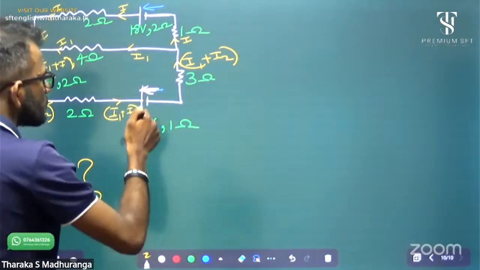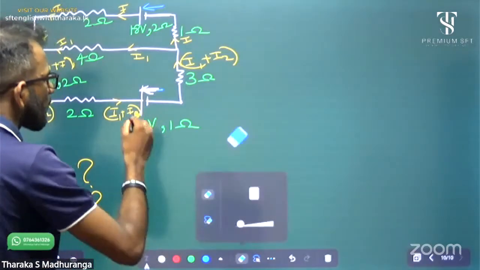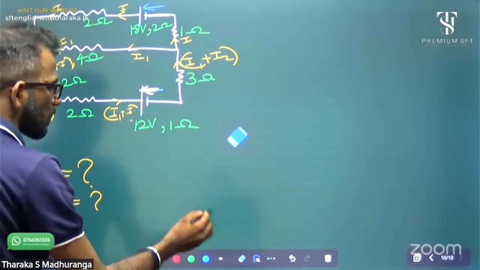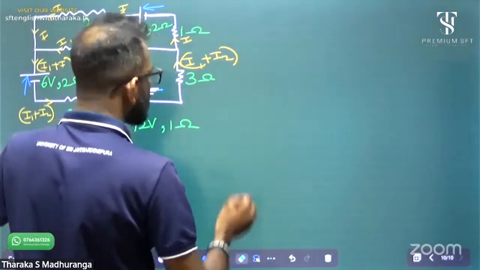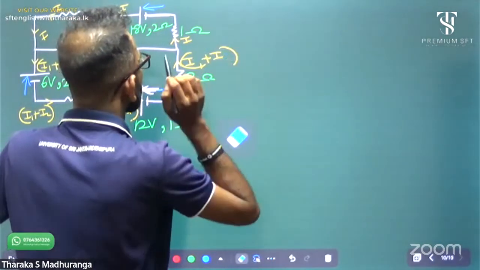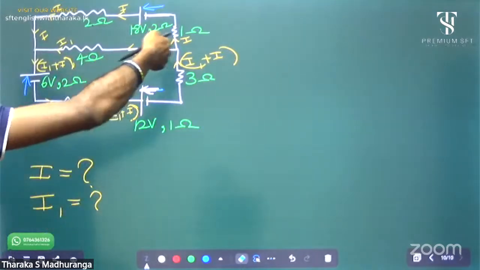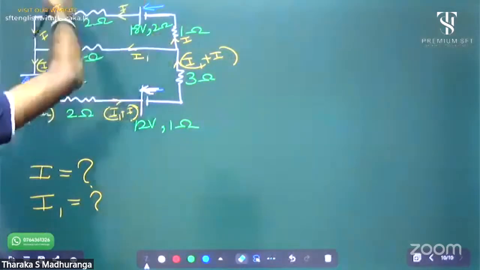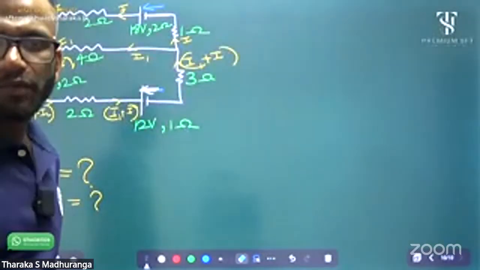I1 plus I. Now okay, right? I1 goes from here. Then I1 plus I. Now okay?